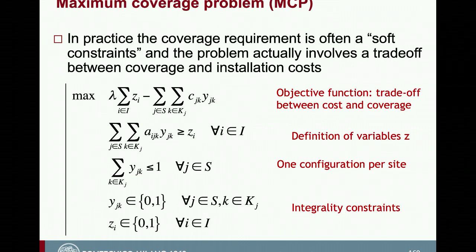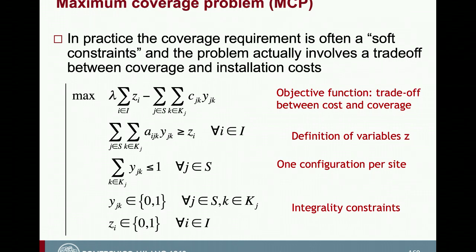In this example, we have here the objective function that incorporates variables zi that indicate if a test point i is actually being covered, and then, as usual, the cost. So we maximize the coverage, but we then balance this with the cost.